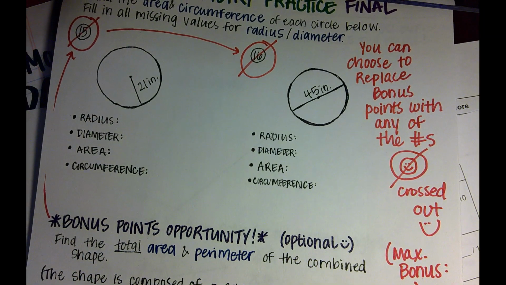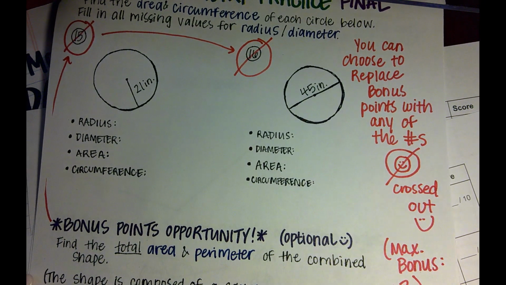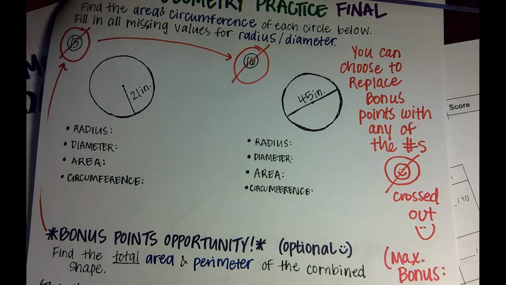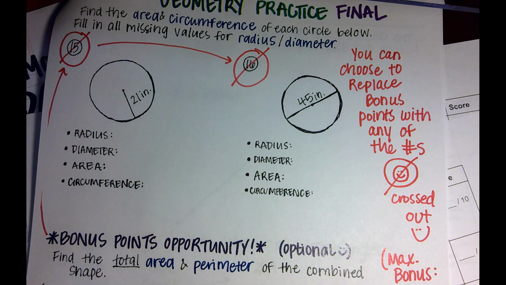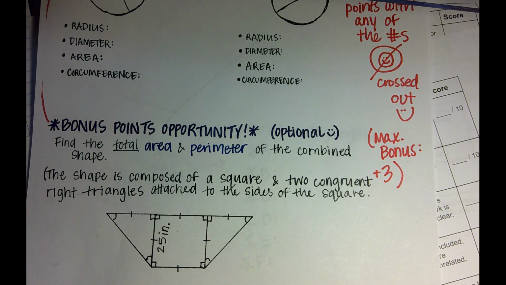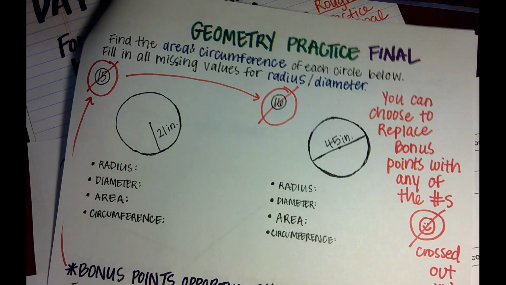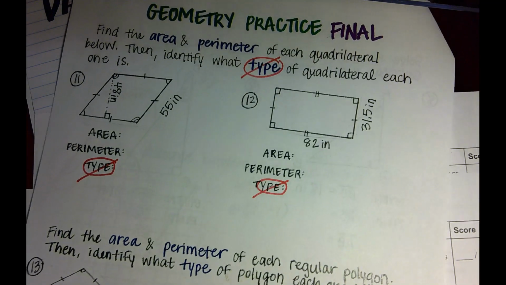Now, on Thursday, we did talk about circles a little bit. But if you weren't here, that's okay. That's why these are not necessarily worth points. But what I am going to do with all these questions that I have X'd out is that if you get to the bonus question and you decide, I don't want to do this bonus question, you can choose any of the circled questions and do parts for bonus points.